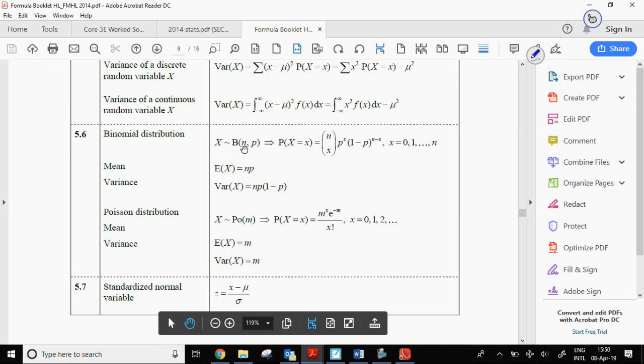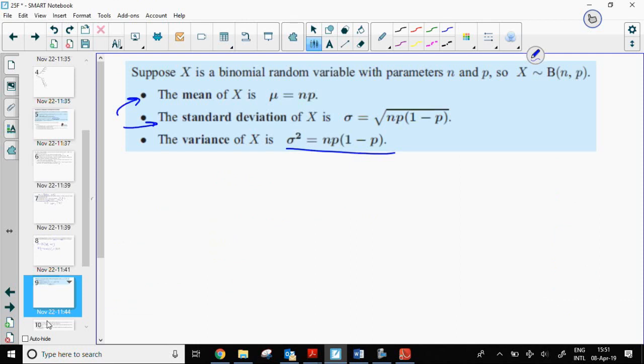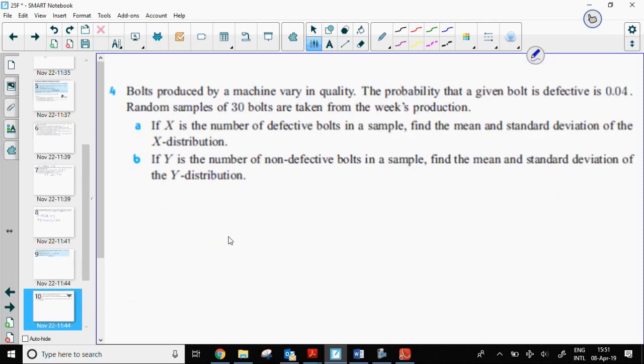We've got the rule right here, and we've got the binomial expansion showing up again here, and your mean and variance. So given that, let's perform some quick calculations here. We've got a sample size of 30. We've got a probability of being defective, we'll call that success, as 0.04.